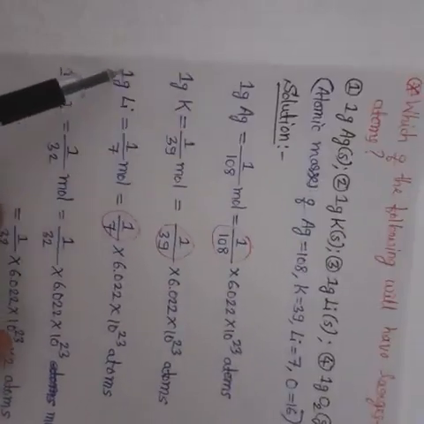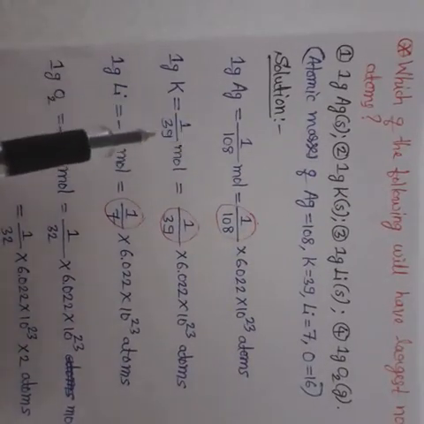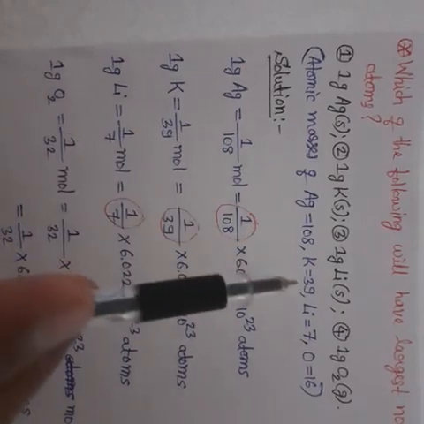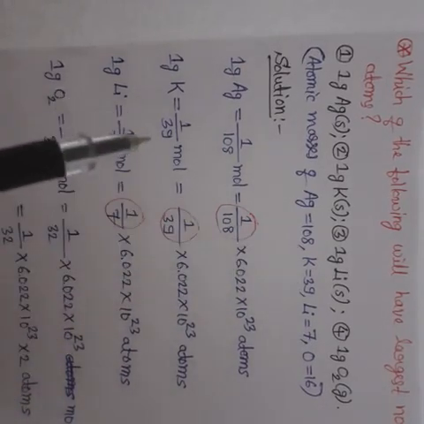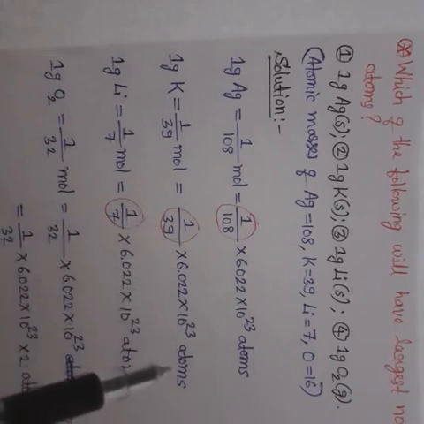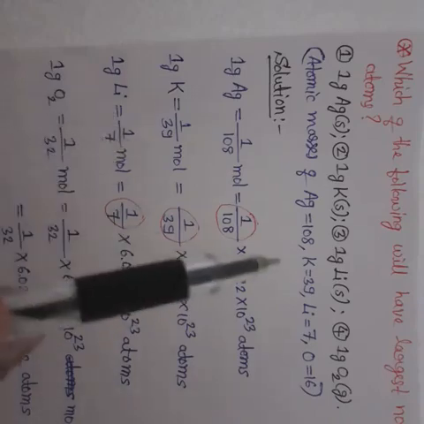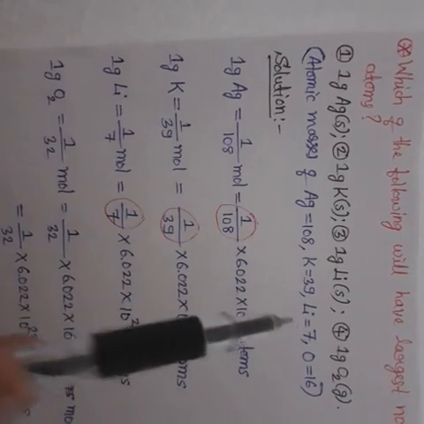Similarly, the number of atoms in 1 gram of potassium is equal to 1 divided by 39, where 39 is the atomic mass of potassium. Then we get 1 divided by 39 into Avogadro number of atoms. Similarly, 1 gram of lithium is equal to 1 divided by 7 mole, where 7 is the atomic mass of lithium.